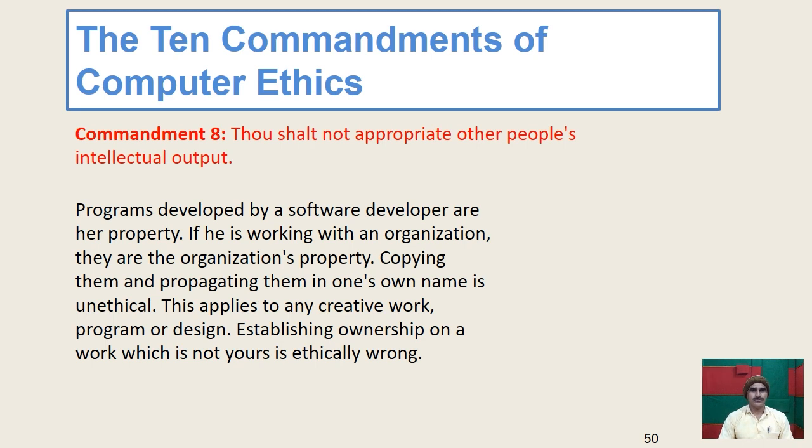Commandment number 8: you should not appropriate other people's intellectual output. Programs developed by a software developer or programmer are his or her property. If he is working with an organization, they are the organization's property. Copying them and propagating them in one's own name is unethical.